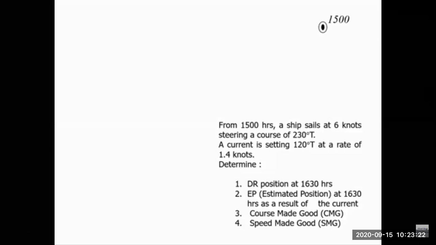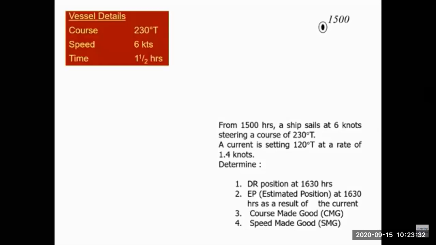So the 1500 hours position is given in the question, but since we are doing it in rough, we can just take any position. Assume this is your 1500 hours position and the ship is moving 230 at 6 knots for 1.5 hours. That is 1500 to 1630 hours, because we need the 1630 hours position. So for 1.5 hours, it will be 9 miles at 6 knots.